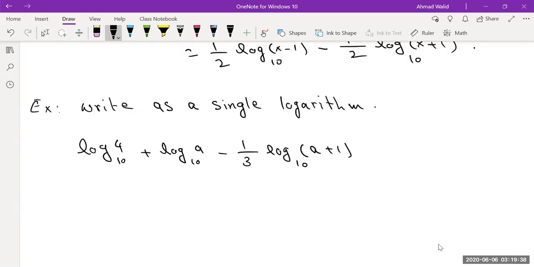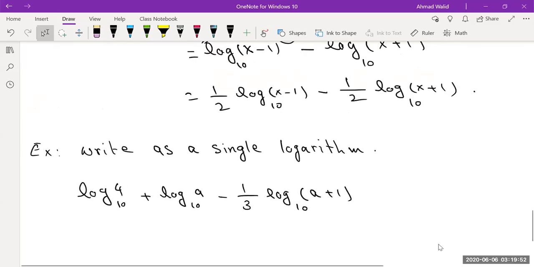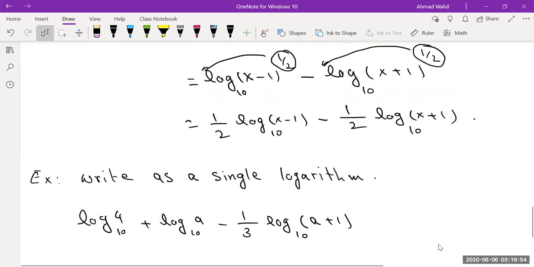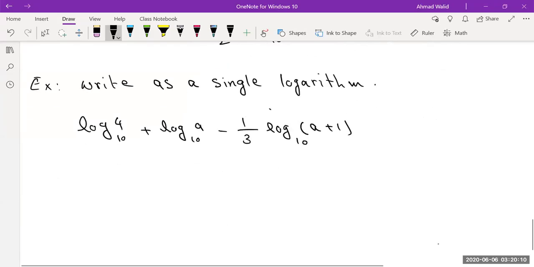They're asking you in this problem to write this expanded form as one single logarithm. This problem is the opposite of the previous example. Your last step, which was bringing the exponent to the front of the log, becomes the first step in this problem. If you have a number in front of the log, you have to move this number back to an exponent.